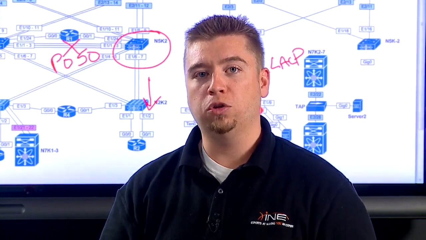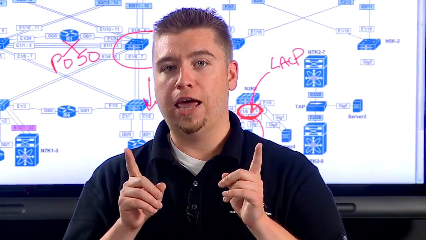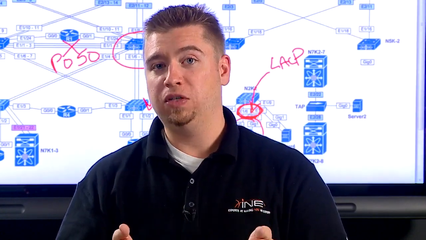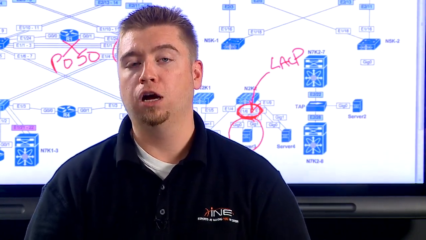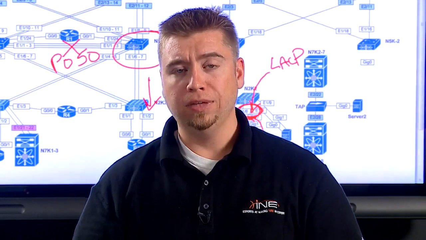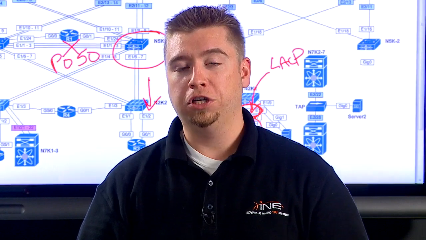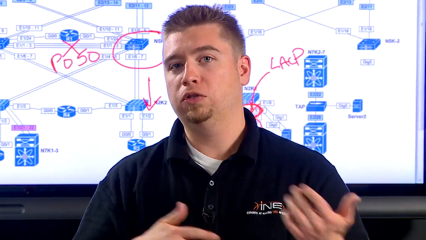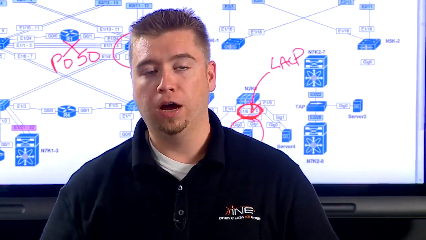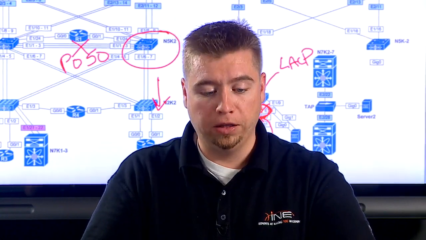Then likewise downstream on the 5K up to the 7K, all of those members had to be the same VPC. Otherwise, we can end up in an unsupported topology. And you will see as the versions progress, they continue to add new supported topologies. So what maybe doesn't work now, 6 months or a year from now, may be a new supported design that you can do with the VPCs.